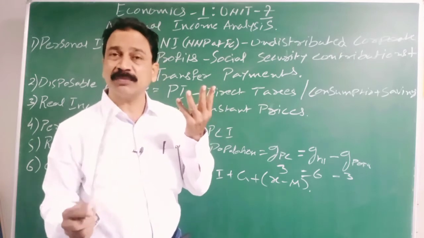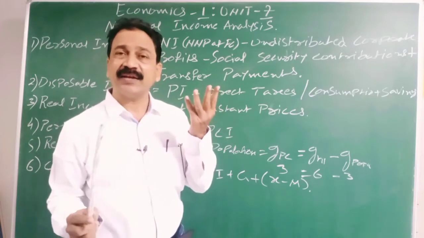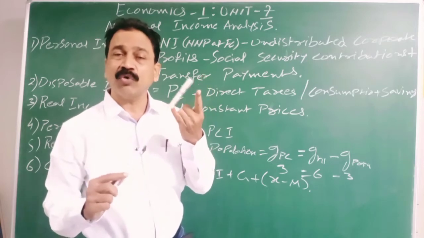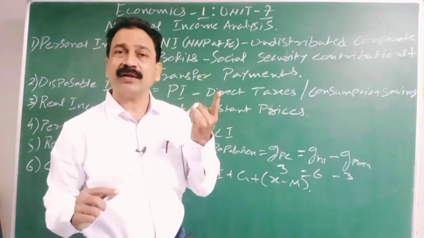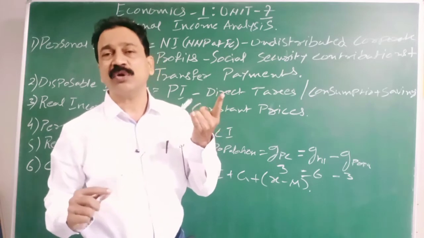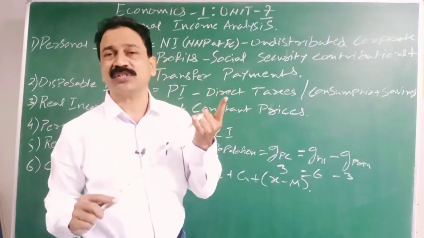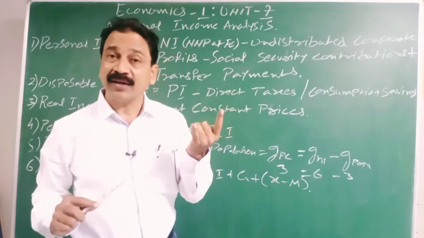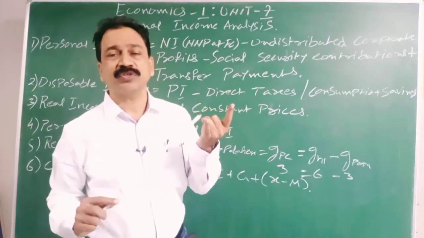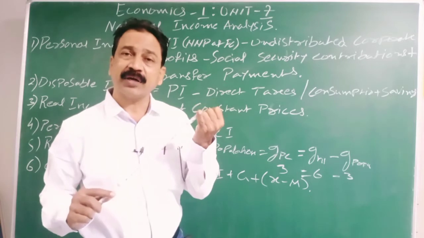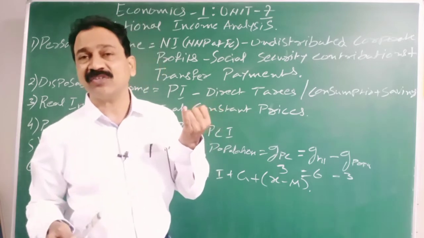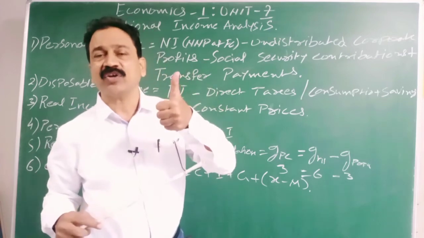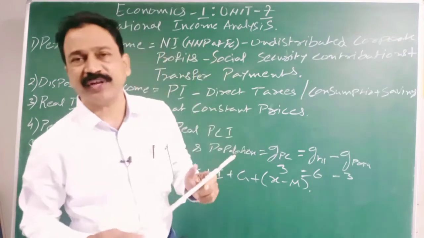From GNP, if you remove depreciation, then we will get net national product at market price. And NNP at factor cost: from NNP at market prices, if you remove the indirect taxes and add subsidies, you will get the NNP at factor cost.